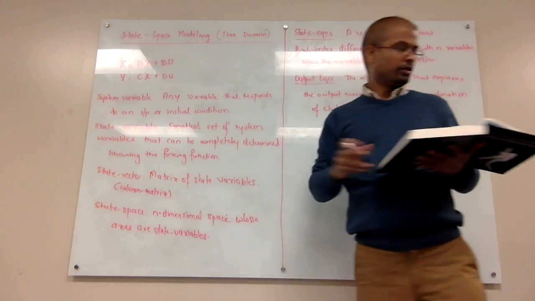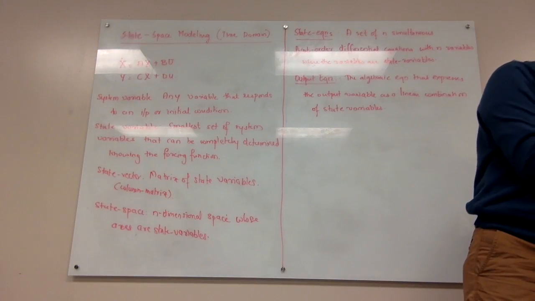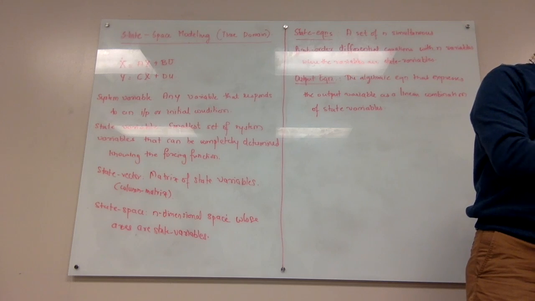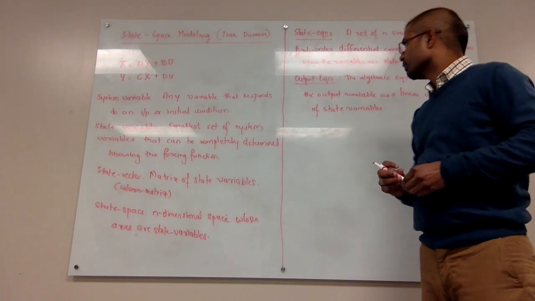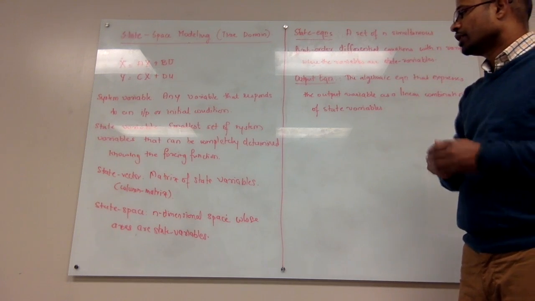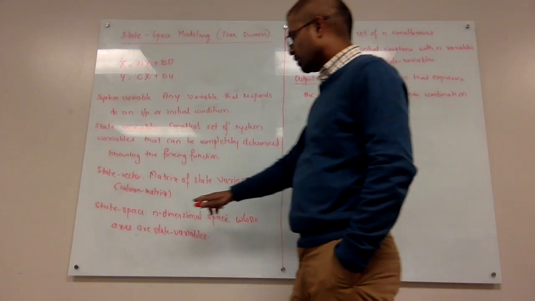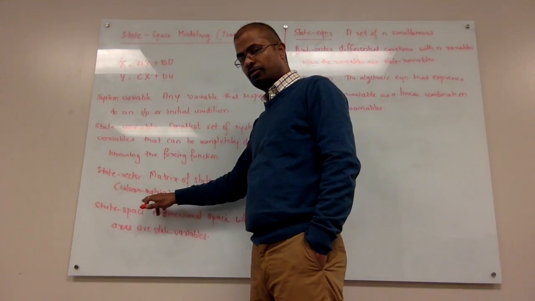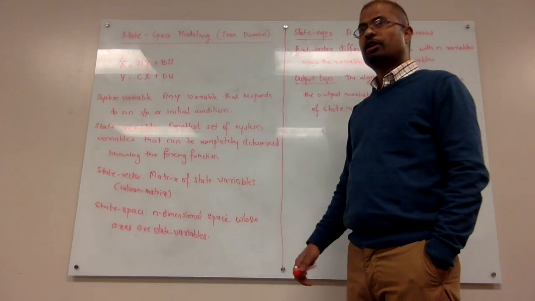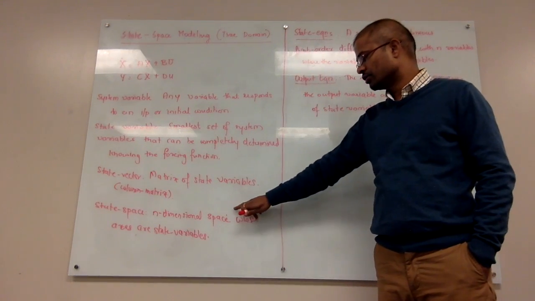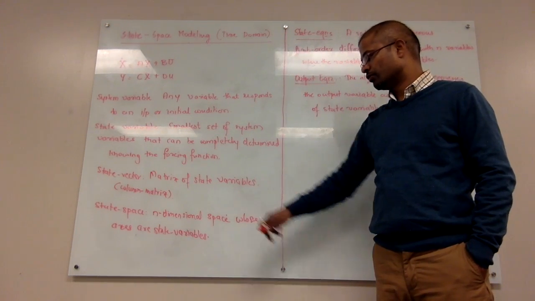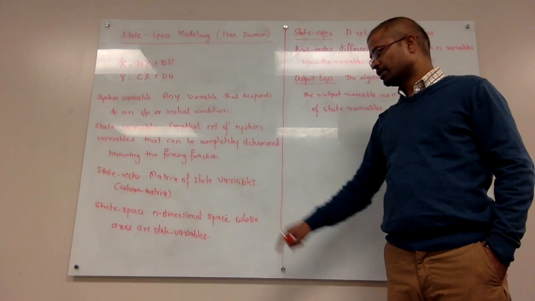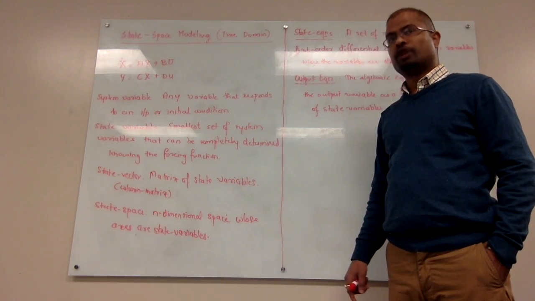Okay. So these are the important definitions you need to know. State space is a slightly more complex concept, but you can say it is a mathematical space, a vector space whose axes are state variables.